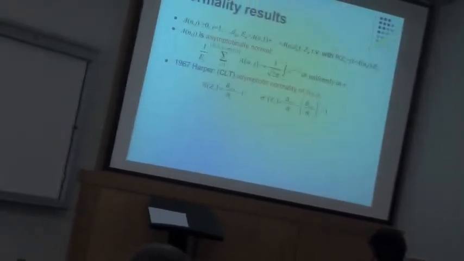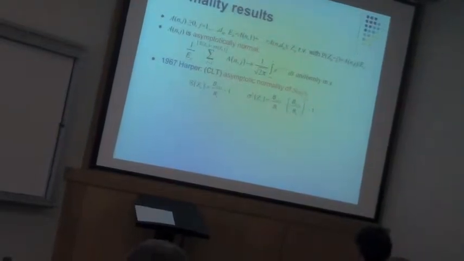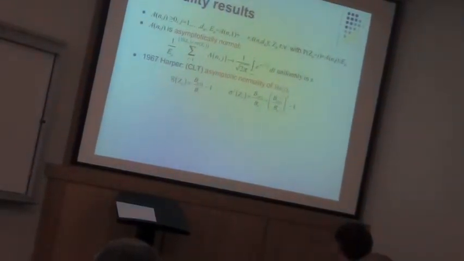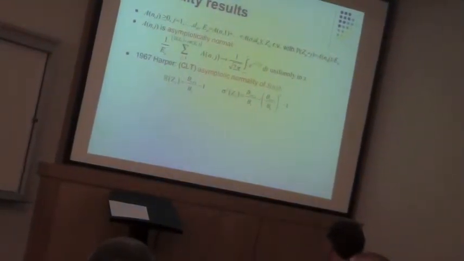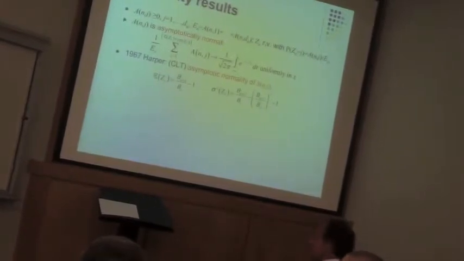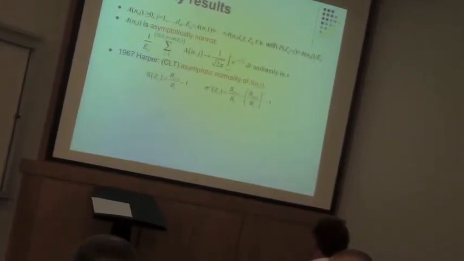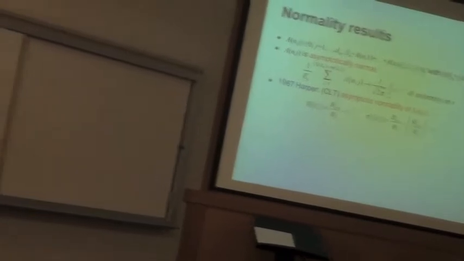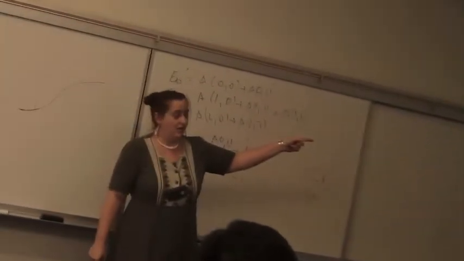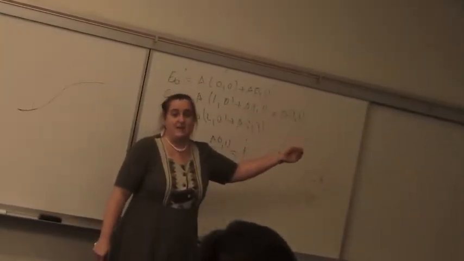In 1967, Harper showed the asymptotic normality of the Stirling numbers of the second kind, and in fact, he told us exactly what the expectation and the variance of that random variable are, where B sub n is now the total number of partitions of an n-element set, so the sum of the S of n,j's.